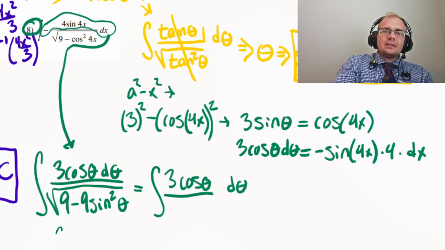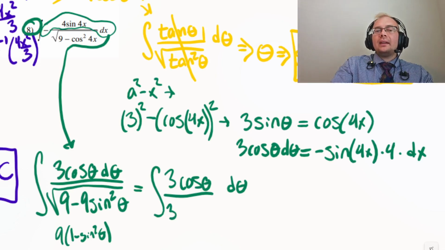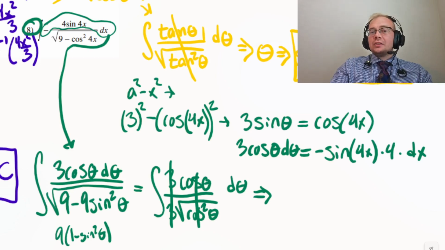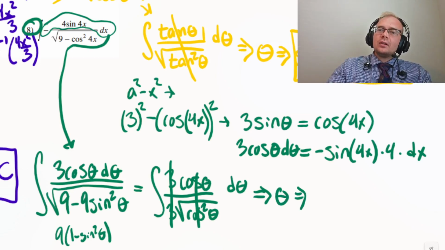So that's going to be 9, 1 minus sine squared, which is going to end up being the square root of 9, and the square root of 1 minus sine squared being cosine. So that all ends up canceling out completely again. And then that ends up being just the integral of 1 again with respect to theta, which is theta. So we end up with theta, and then theta goes back into what it is in terms of x.